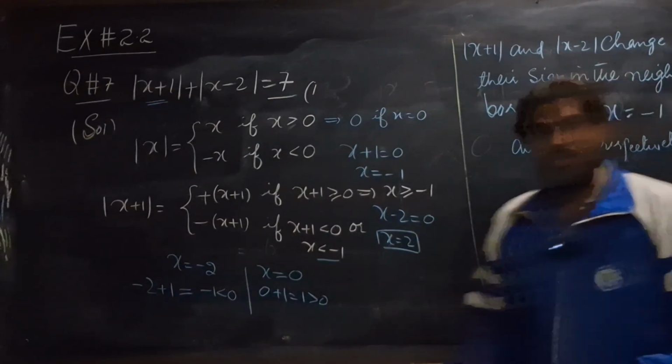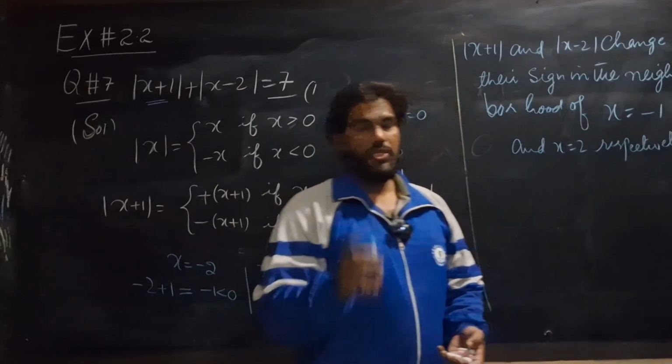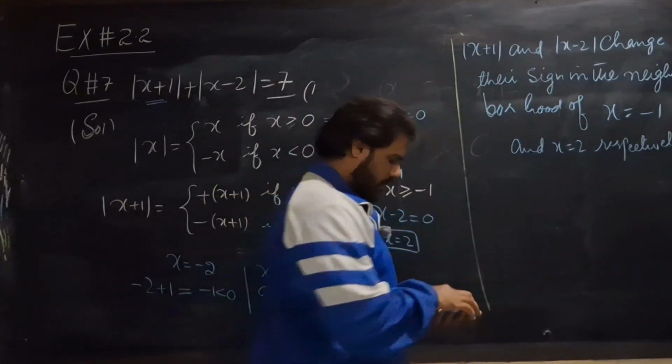So these numbers divide the real line into three disjoint regions.